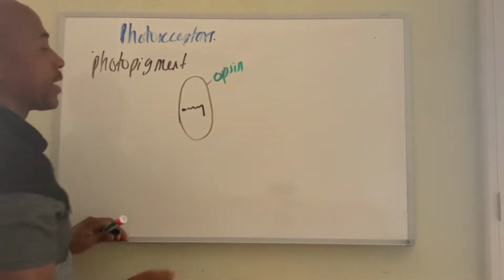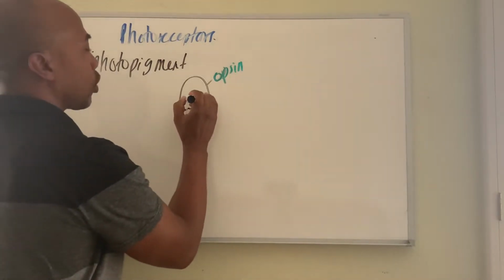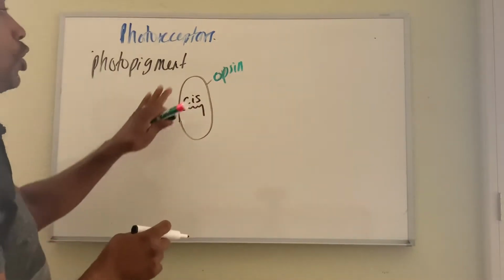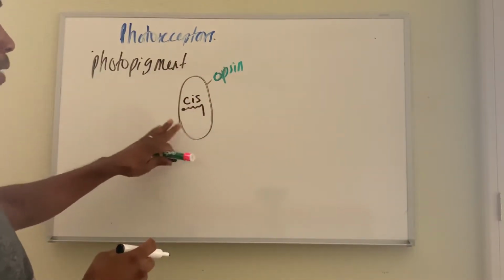And usually at rest, that retinol is what's called a cis form. So you have cis retinol linked to opsin. That's how you form your photopigments.